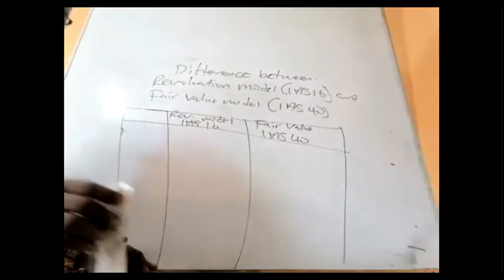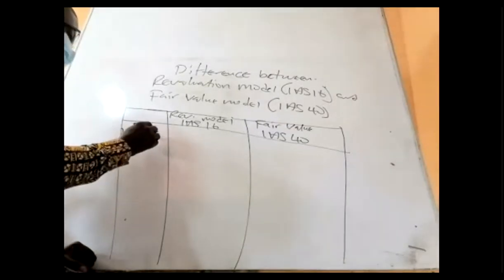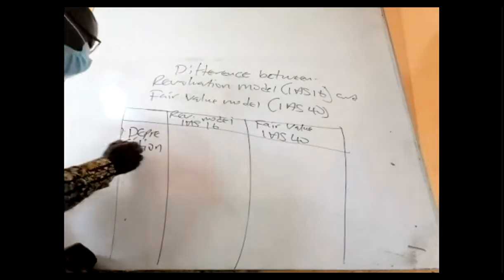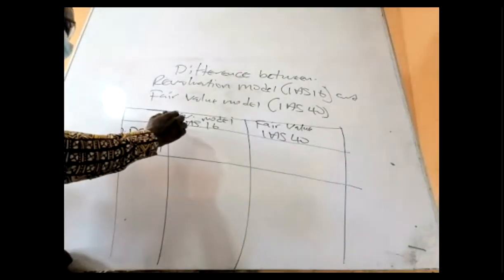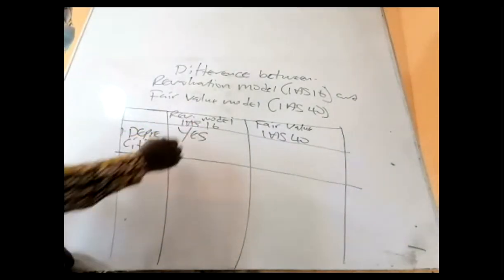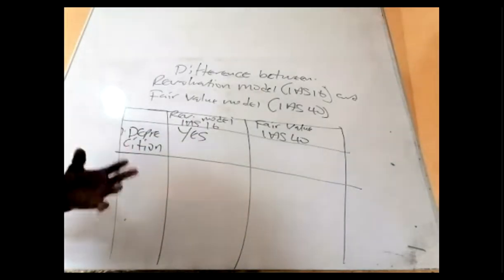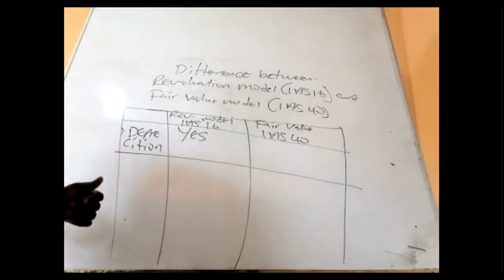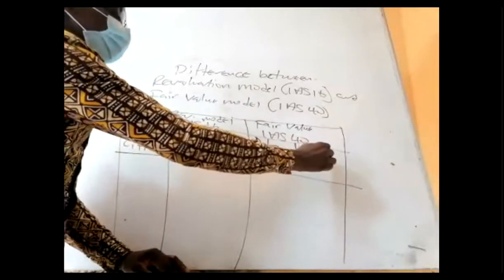Good. So number 1. The first one is depreciation, how we depreciate the items. Under the IAS 16 revaluation model, yes, we depreciate the assets. What about the fair value model? No depreciation.